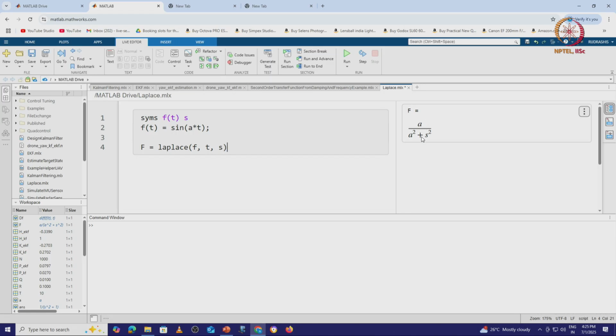If you compute it mathematically, you can also verify it. If a becomes 1, then what we will get is 1 by s square plus 1. If sine is converted to cosine, then what we will get is s by s square plus 1, right?